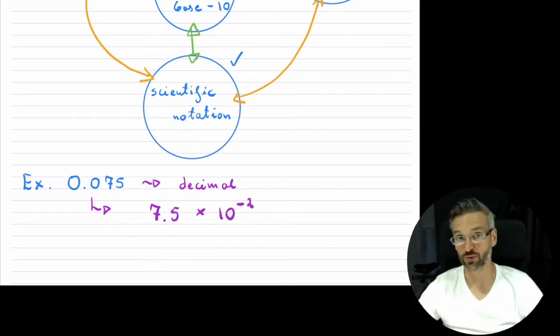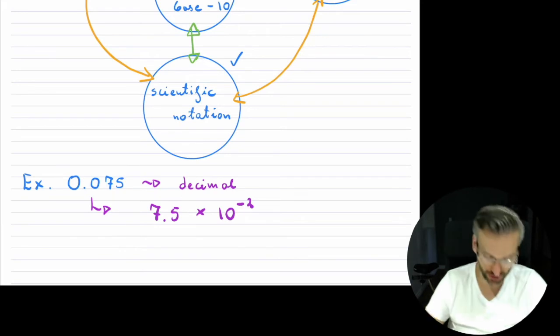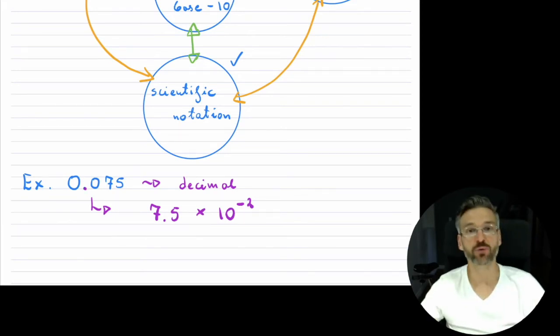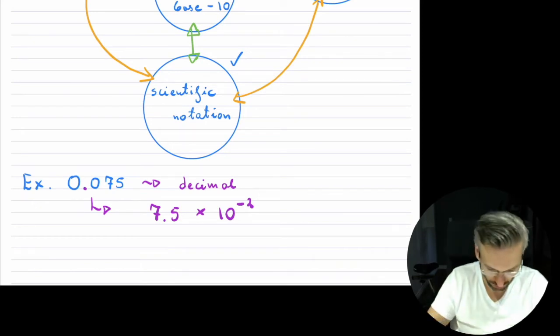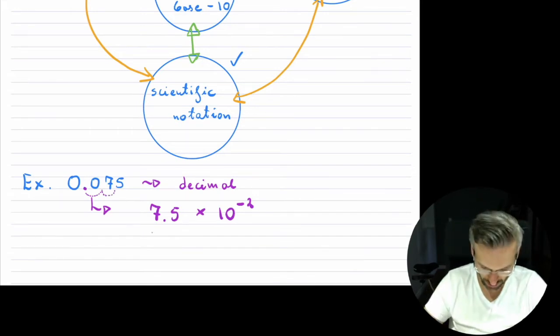As I said, you can watch the video for many examples, but in short, whenever we're converting a decimal to scientific notation, we are multiplying or dividing by powers of 10. In this case, notice if you move the decimal over 2, then you're going to get your 7.5.